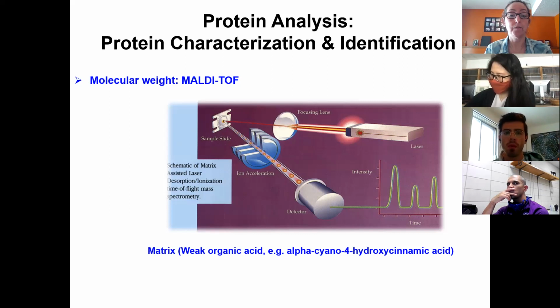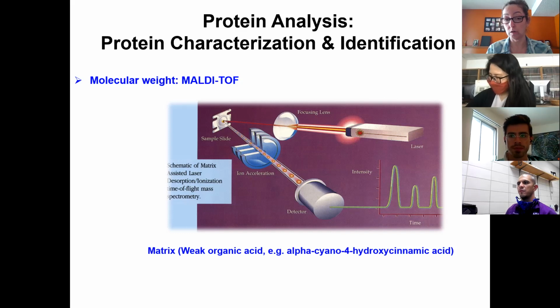And then the solvent is evaporated, and the energy that is generated propels the ions into a time of flight tube. The ions travel based on their size. So the smaller they are, they reach the detector sooner. That's why it's called time of flight, because it's based on how much time it takes to reach the detector, and it's correlated with the size of the molecule.